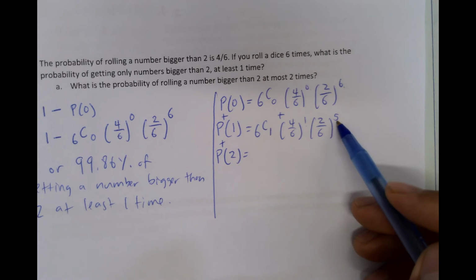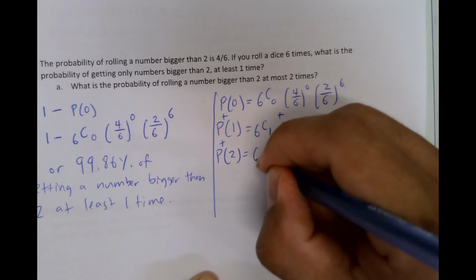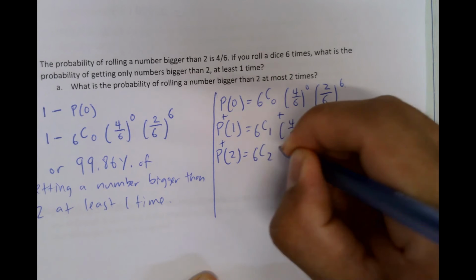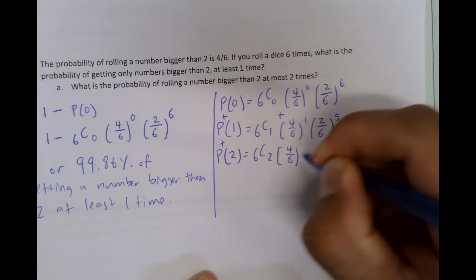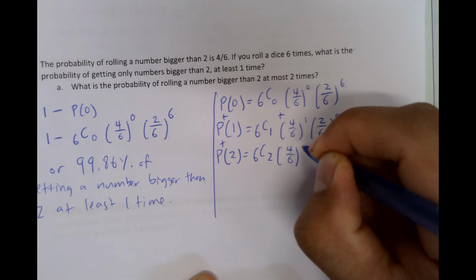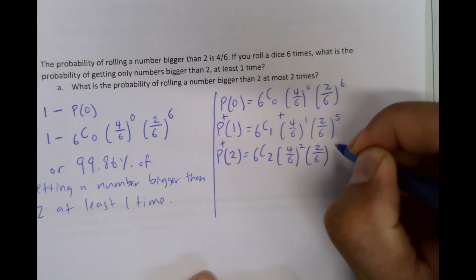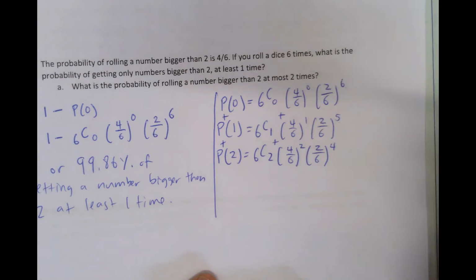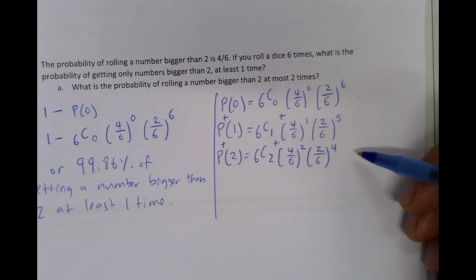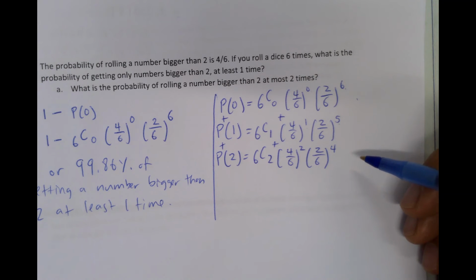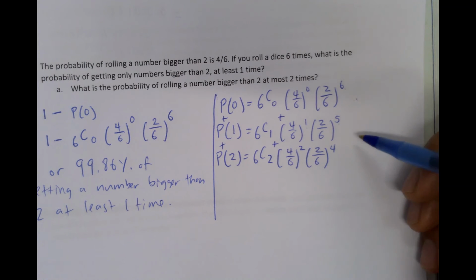The probability does not change. And so 6C2 represents we're going to roll a number bigger than 2 two times, and we're going to roll a number equal or less than 2 4 times. And so all 3 scenarios represent where we're rolling a number bigger than 2 at most 2 times, either where we roll it none, 1 time, or 2 times.